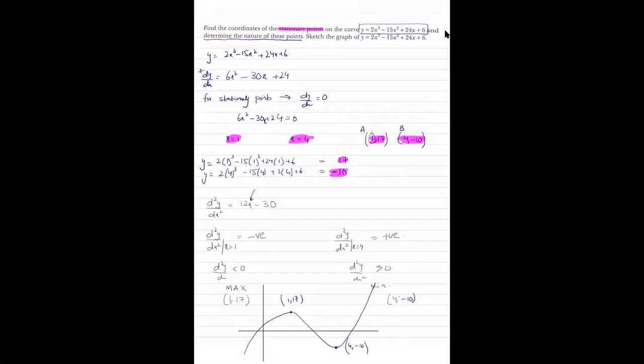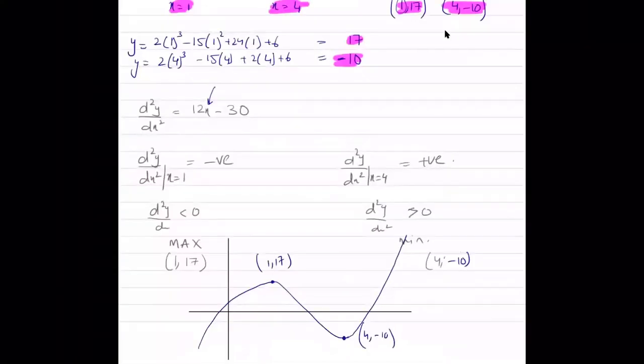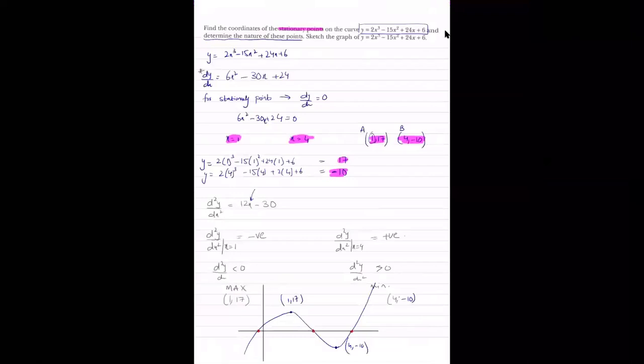So that is how you can find these roots as well. But since that wasn't the part of my lecture today, otherwise this question would have been dragged on. So right now I'm just focusing on the maximum and minimum and the nature of the points.